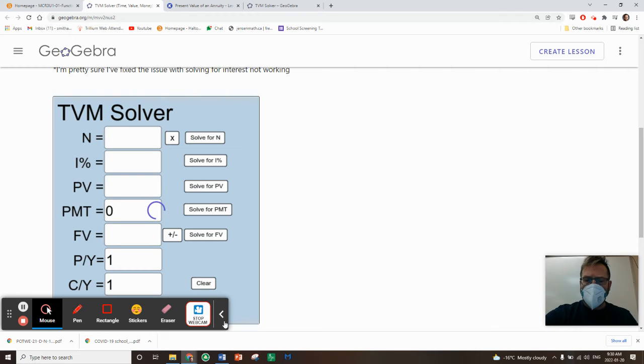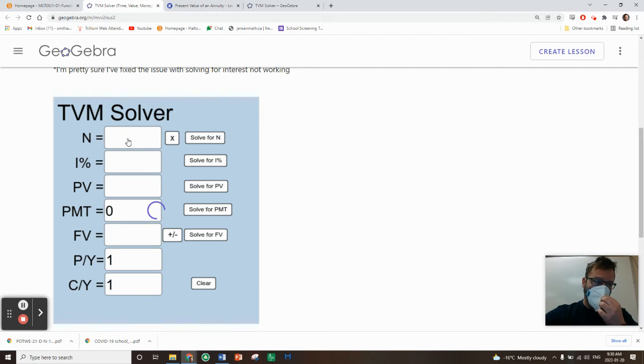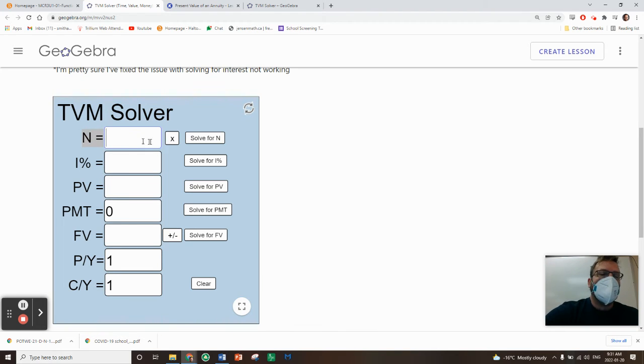I mentioned this to many of you earlier, but the tab button on your TI Nspire is a really helpful button. It just allows you to go from field to field very quickly and easily. So 8 withdrawals, 6%, PMT 900, FV is 0. Of course, when you're at home and practicing, the online one worked perfectly.